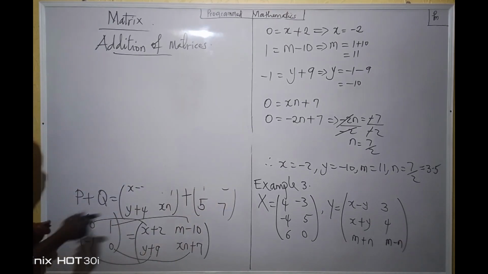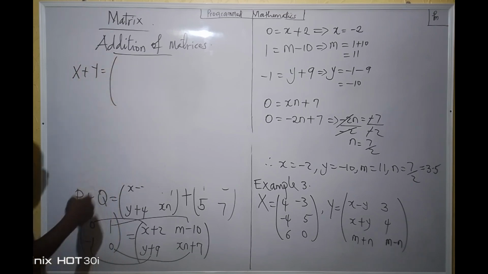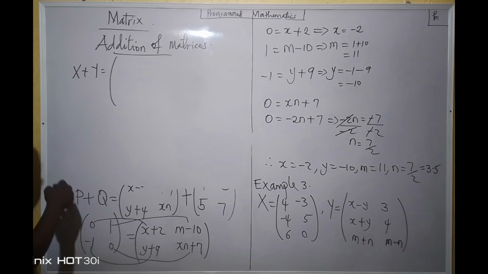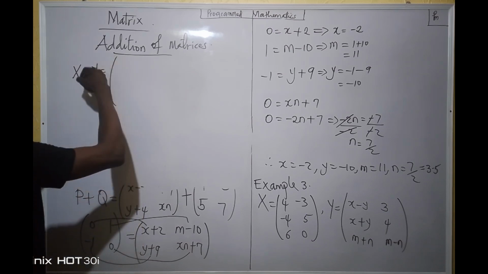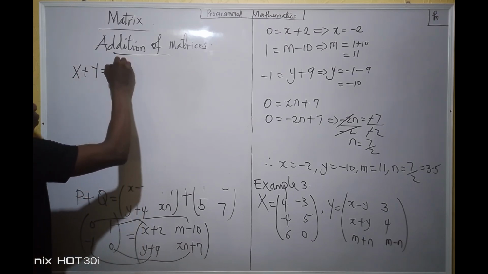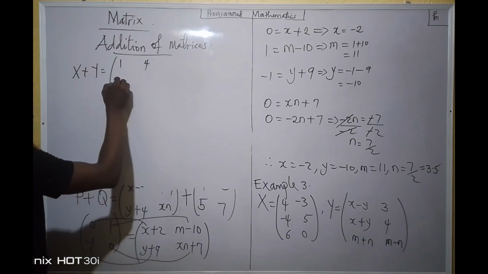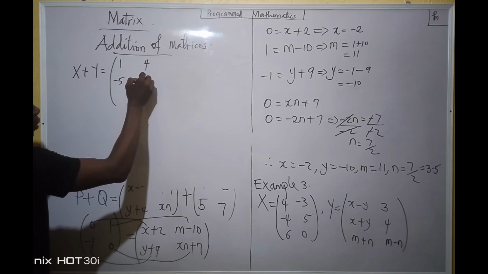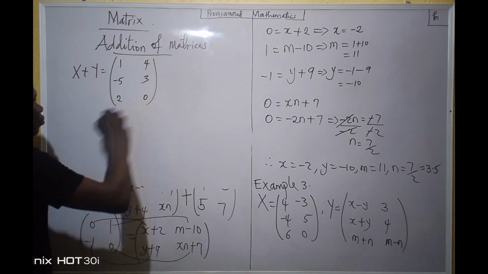So let's say that the sum of X and Y is, let's just put any of the numbers, 1, 4, minus 5, 3, 2, and 0.